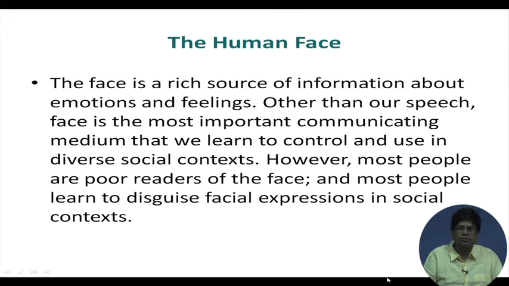Theorists and researchers tell us that human beings are capable of making and identifying more than 1,000 facial expressions. Now, it might sound a little outlandish to you, but let us assume that there are 6 or 7 basic facial emotions which we will deal with, and if we allot to them different degrees of intensity, let us say 5 degrees, then here itself you have 35 different emotions.